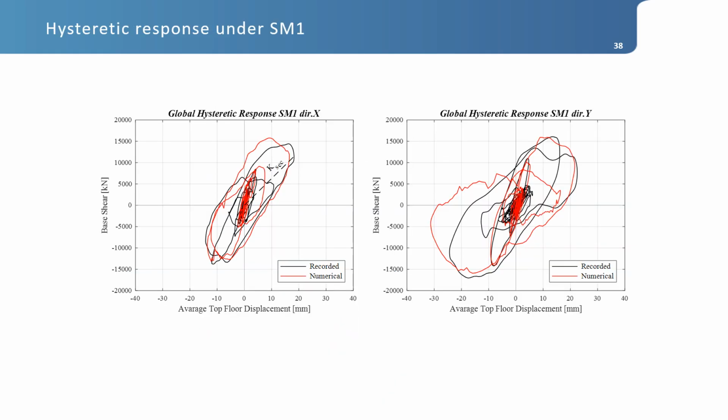This also, in the end, implies that in terms of hysteretic response, the cyclic response, we could actually represent properly the response, and this implies also that the displacement demand is very close between the global response of the building during the real earthquake and the numerical analysis on the structural model.